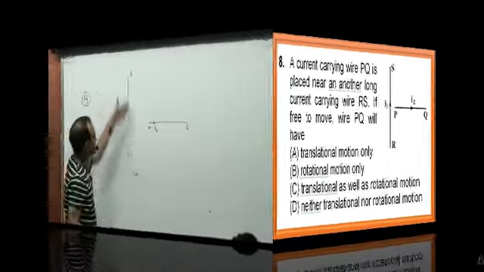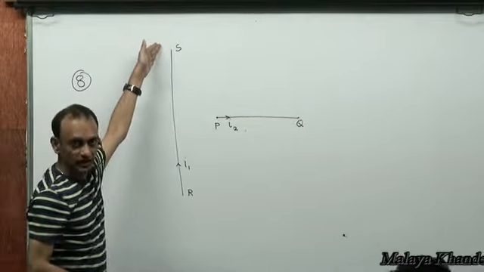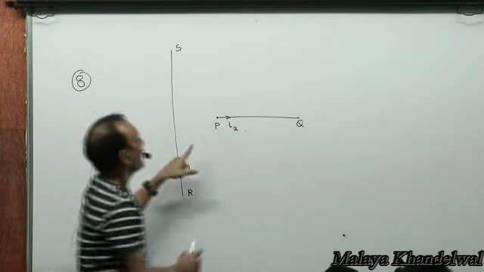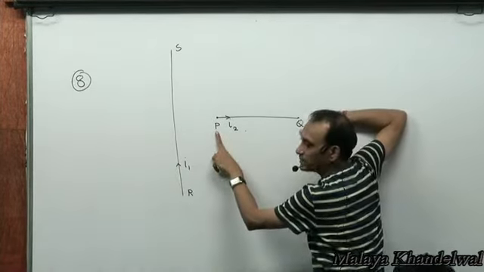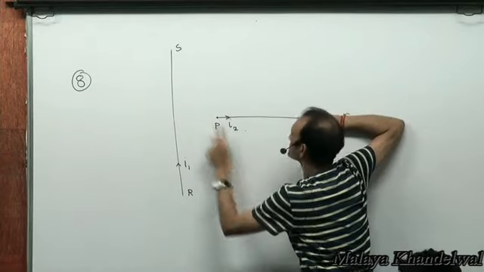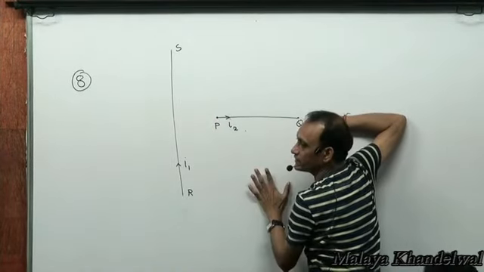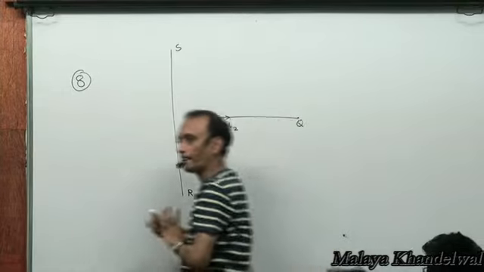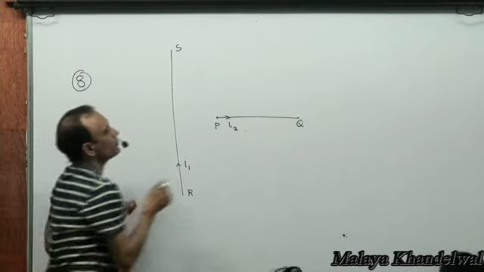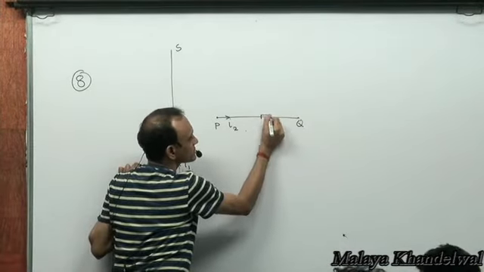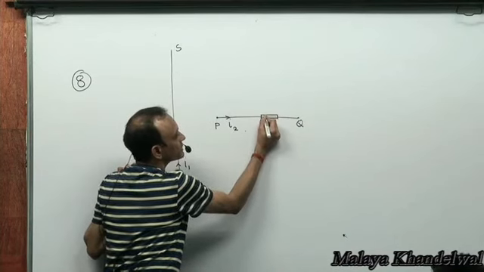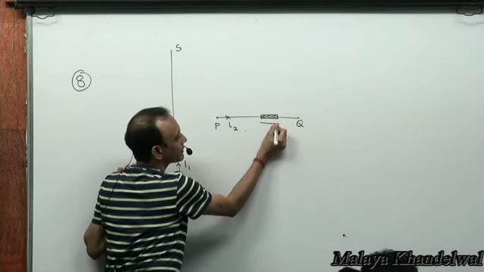There is a current carrying wire like this, infinitely long, and there is a wire PQ perpendicular to this, and it carries a current I2, right? Now if you look at any element of this, in the direction of the current, this is my DL.